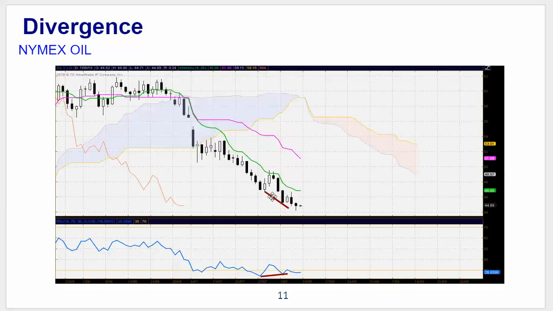We draw the lines across to reflect the lower troughs, and in this case on the bottom we have an RSI, and here we see a trough and a higher trough, and we have a warning of some potential bullish activity.